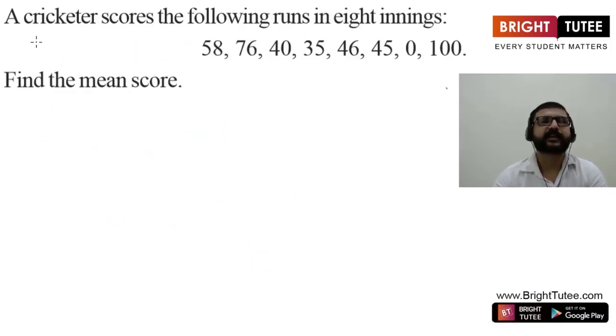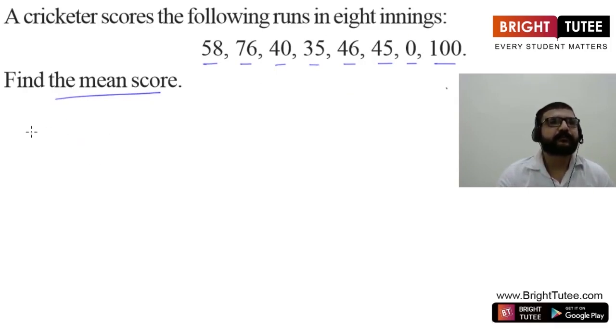The next question is, a cricketer scores the following runs in 8 innings, and the scores are 58, 76, 40, 35, 46, 45, 0 and 100. So these are the scores of a cricketer in 8 innings. We have to find the mean score.